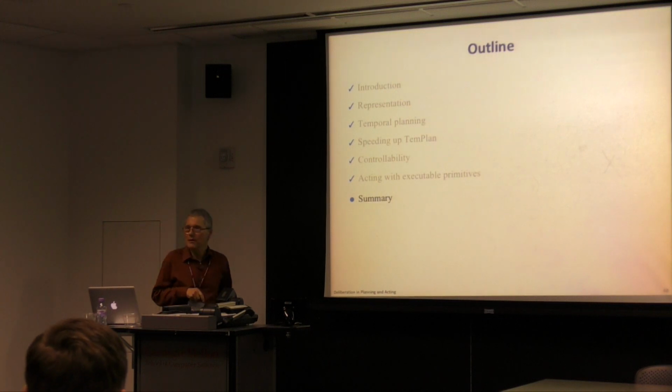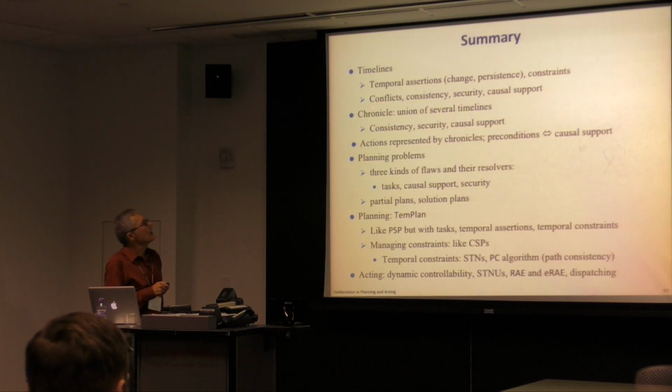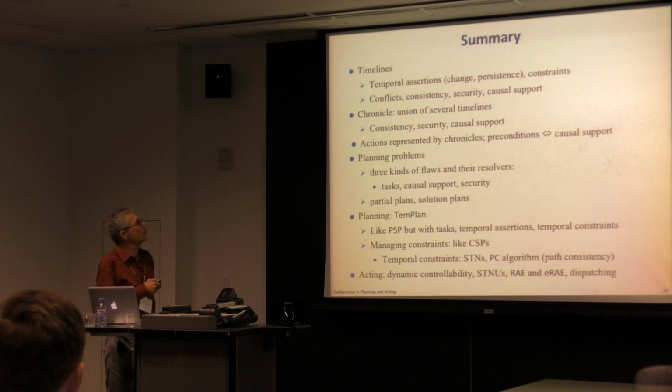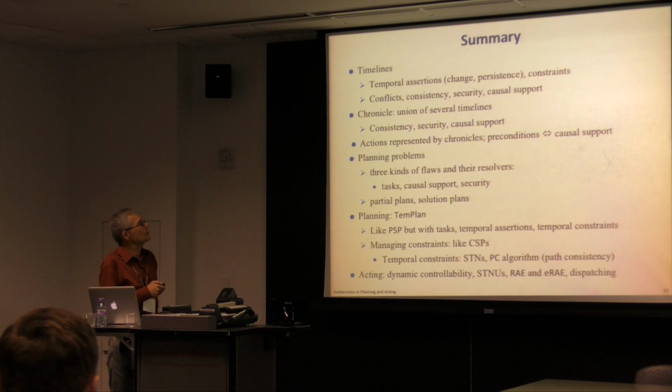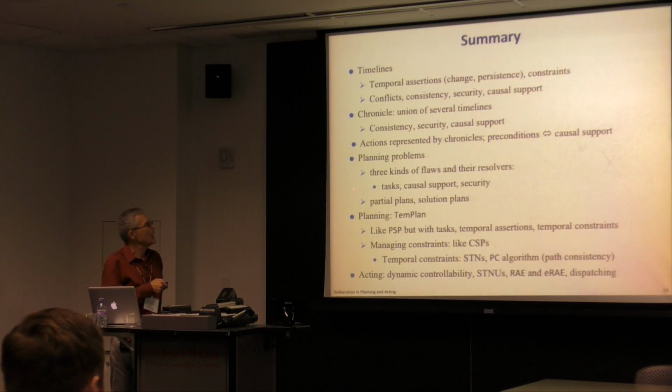Okay, so summary. Timelines: we have temporal assertions and constraints. I talked about conflicts, consistency, security, and causal support. Chronicle, which is the union of several timelines, as well as some tasks, and consistency, security, and causal support of that. Actions, represented by chronicles. Planning problems, represented by chronicles.